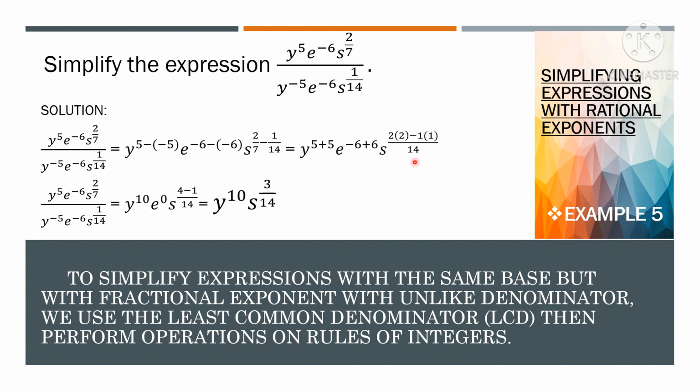Again, kapag magkaiba ang denominator, kailangan hanapin natin yung least common denominator or LCD. Dito, ang denominators natin ay 7 and 14. Pwede tayong gumamit ng tinatawag na prime factorization. Okay, so hanapin natin yung factors ni 7 at saka ni 14.